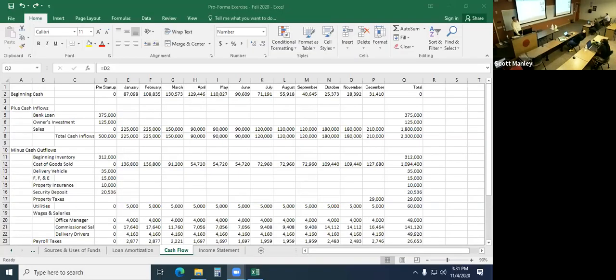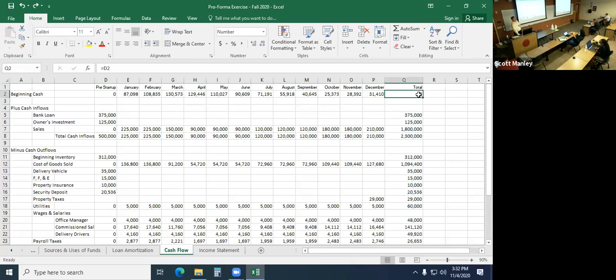Others of you still don't have the correct number here in this beginning cash for your totals. In the total column, what's your beginning cash? It's 0, right? I know of at least one of you that has summed up all of these numbers for their beginning cash.